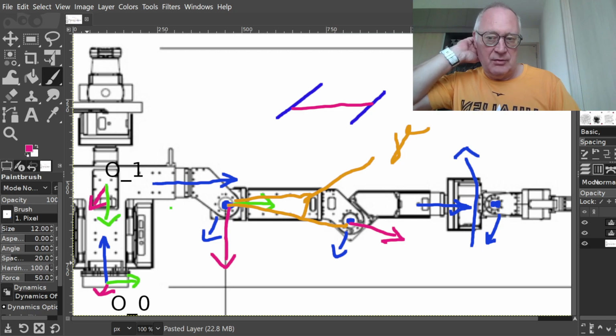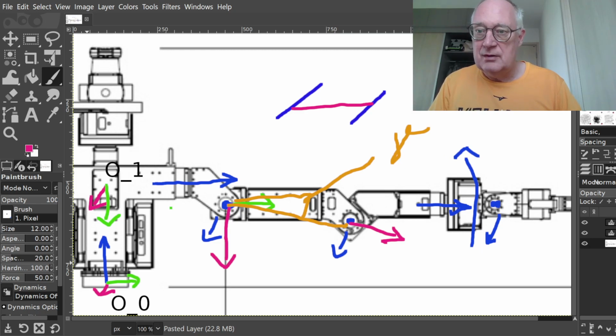Let's make sure that we have all of those now. Theta 3 is not defined. Negative 16 degrees.